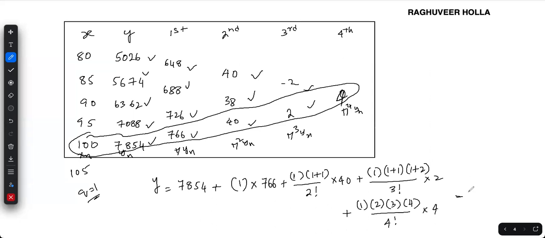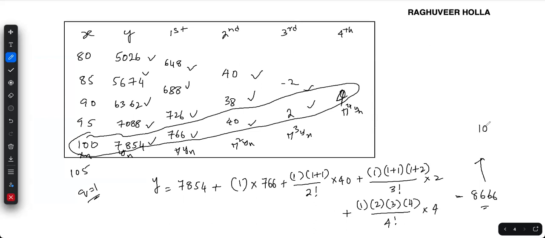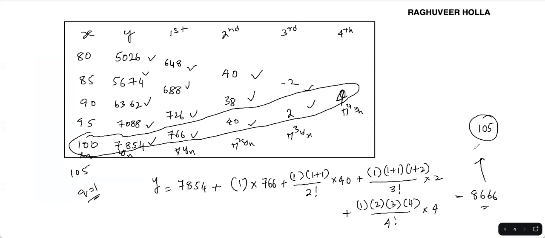When you simplify this, you get 8666. So this is the area for the diameter 105. This is your answer.